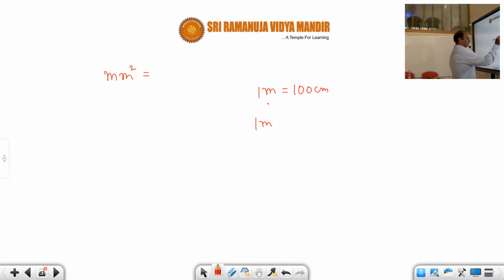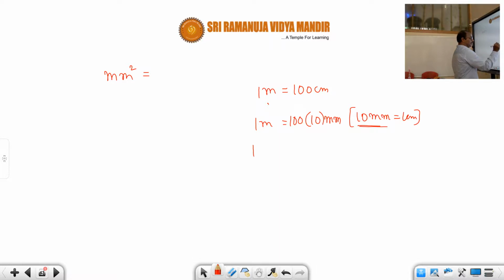And again, 10 millimeter equals 1 centimeter. Therefore 1 meter equals 100 centimeter, and 1 centimeter equals 10 millimeter, that is into 10 millimeter.